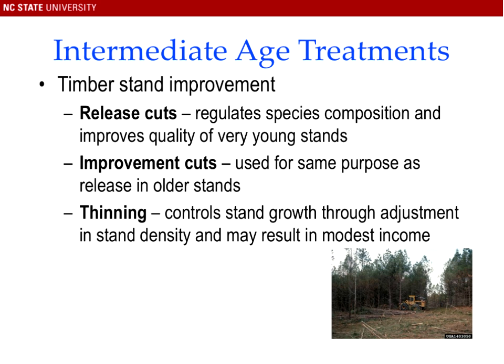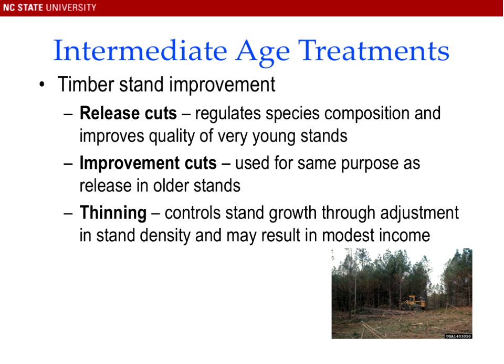For intermediate age treatments, such as timber stand improvements, there are different kinds, such as a release cut that regulates species composition and improves quality in very young stands, or improvement cuts that are used for the same purpose as release, but the stands are older, or thinning, which controls stand growth through adjustments in stand density and may result in modest income.